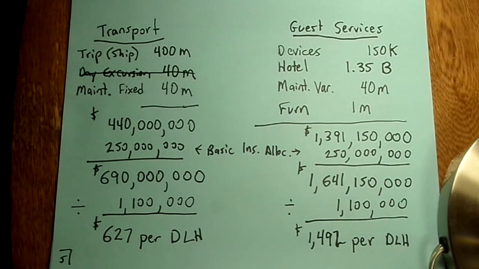So here I took 250 million of the 500 million and I applied it to transport, and then I took another 250 million of the 500 million and I applied it to guest services. This gave me 690 million to allocate as overhead for the transport department, and 1,641,000,000 and some change to allocate as part of the guest services department.